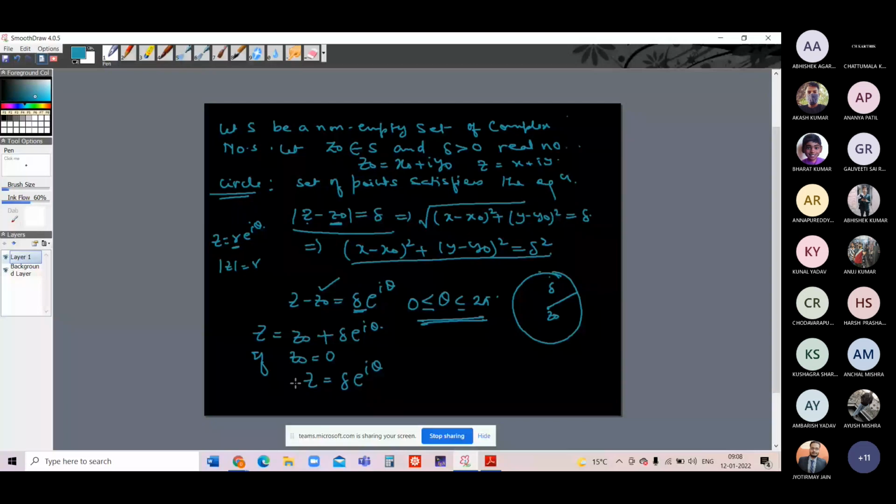It means it is representing a circle whose center is the origin, z equal to 0, and radius is delta, and this can also be defined like this: mod z is equal to delta. So mod z is equal to delta defines a circle of radius delta about the origin. Okay, so this is how we define a circle.